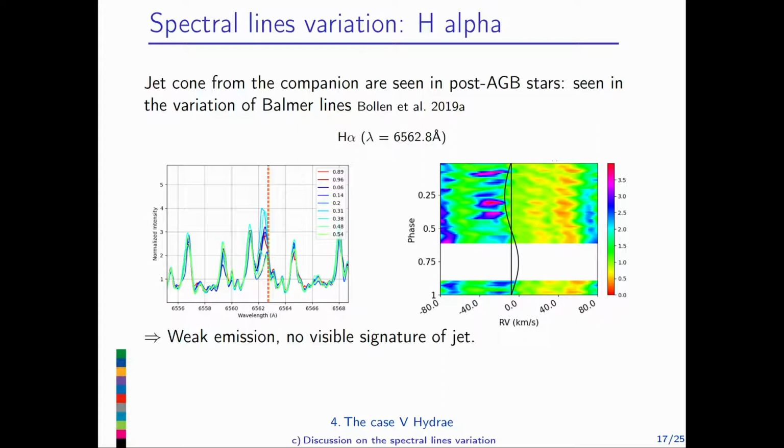variation, and you can also see this small variation in this kind of diagram, where you have the radial velocity and the phase. So it's in the plane of the phase and the radial velocity.